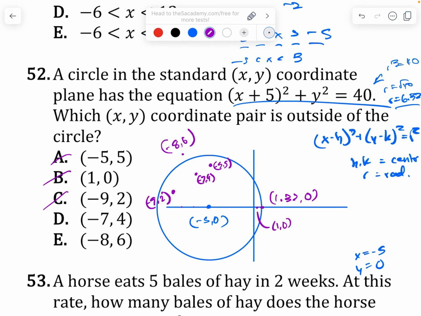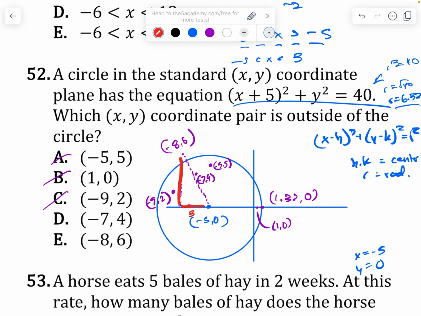Now, how do I verify? So let's take this point and find this hypotenuse and see if it's greater than 6.32. Okay, how do we do that? Well, if you use the distance formula between 2 points, this dimension right here, and I'll do it in red, is going to be from negative 5 to negative 8 in the x direction, 3.